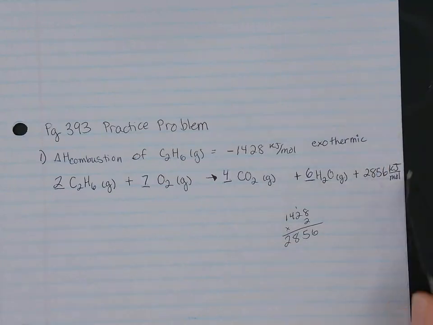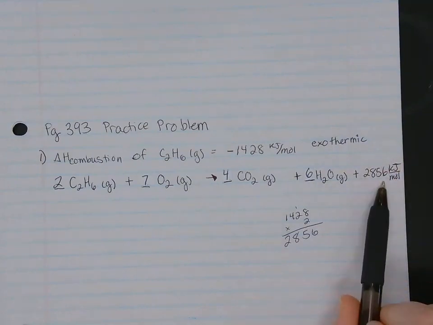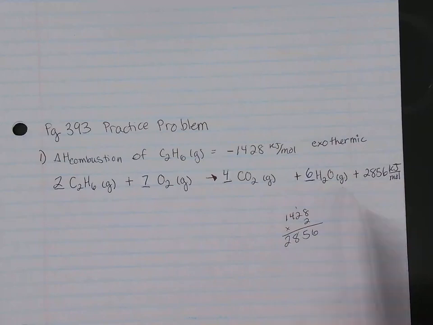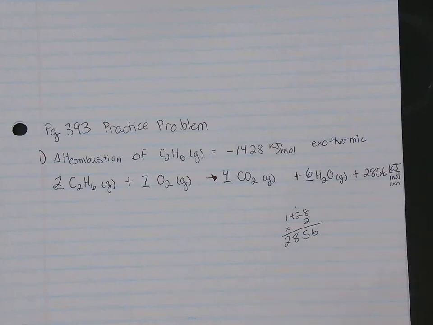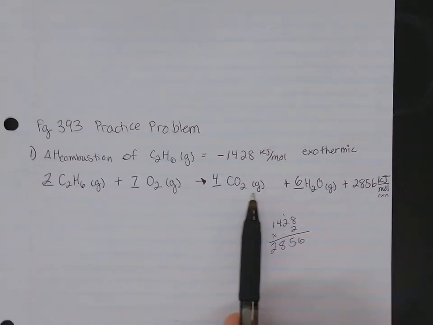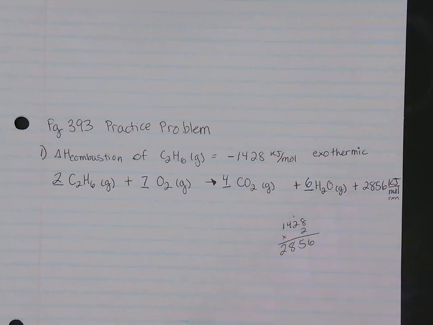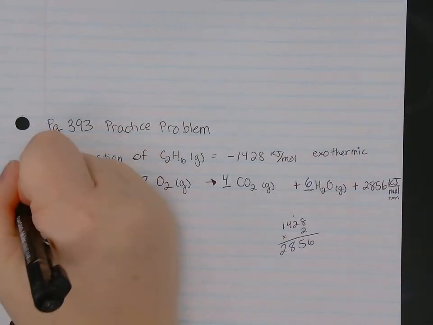When we incorporate this energy into the reaction, this number will be produced every time this reaction occurs as written. Per mole reaction is how we can also write that. So every time this reaction happens once, we produce 2,856 kilojoules of energy. So that is our thermochemical equation.